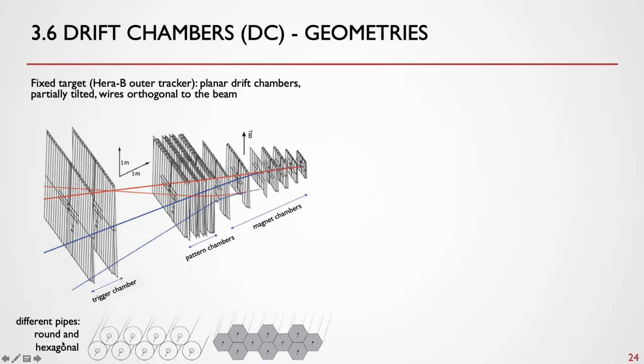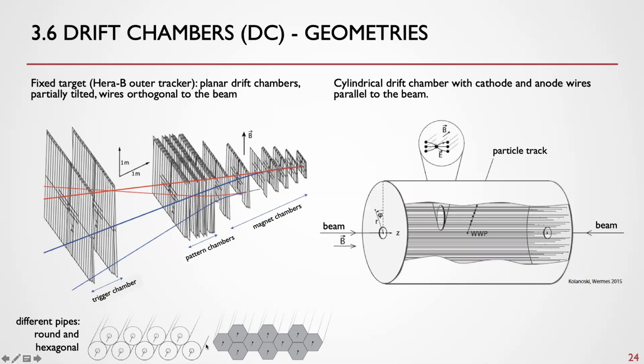Different pipes can be used for these chambers. They can be spherical or hexagonal. That's drift chambers consisting of pipes.